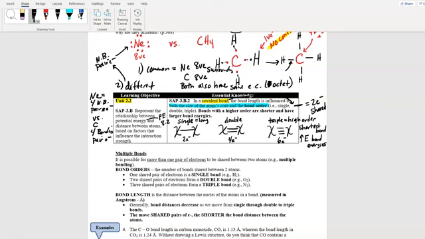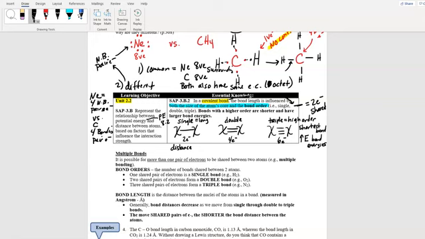Because the distance is so large between them, will it take a lot of energy to break that bond apart? No, because they're not that attracted to each other. They're just being held together with a force, but not attracted like a triple bond, because those atoms are very, very close to each other.